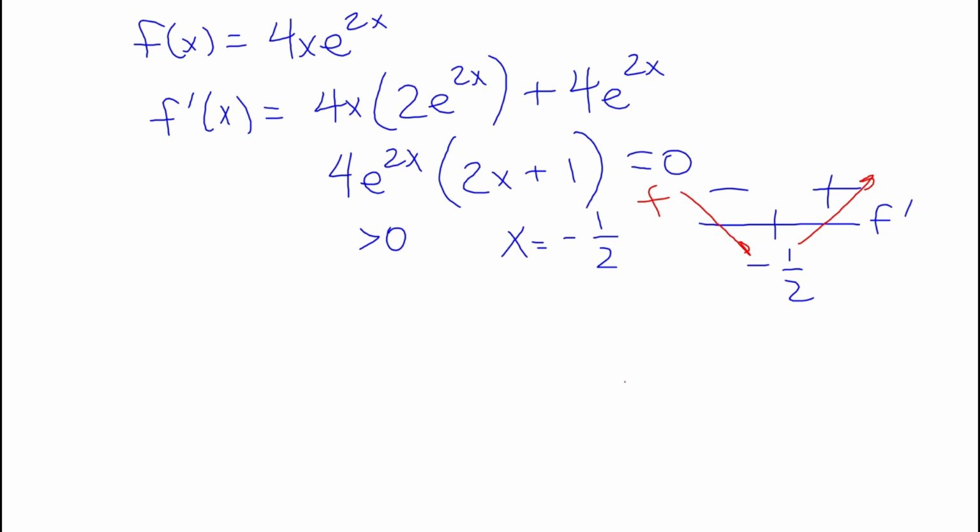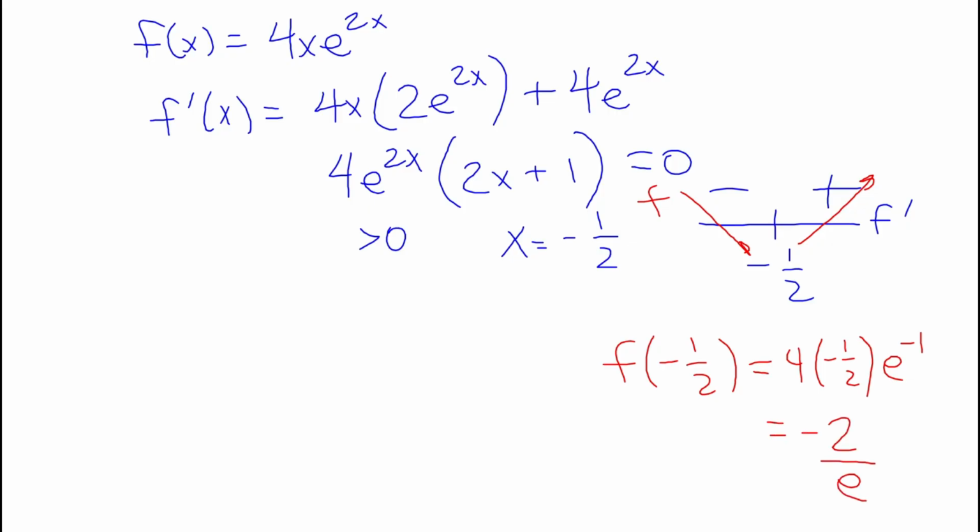We do need to figure out what f of negative 1/2 is equal to. I guess I should go through and do that. So 4 times negative 1/2 times e to the 2 times negative 1/2, which is just e to the negative 1. So we just end up with negative 2 over e. Okay?